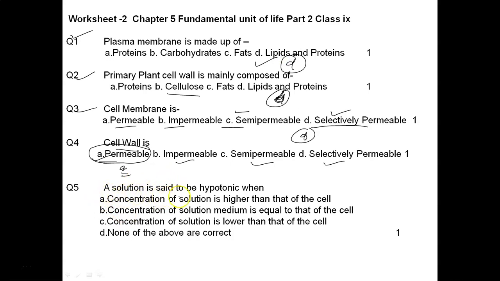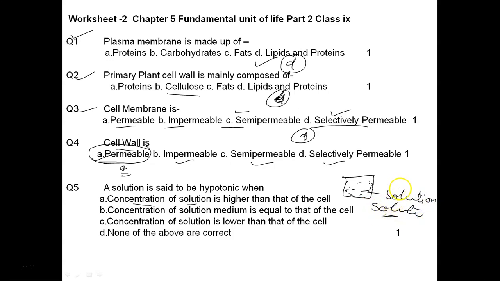A solution is said to be hypotonic when the concentration, meaning amount, of the solution is higher than that of the cell. Concentration of solution means the cell is there. When the solute is dissolved in that solvent, then the solution is formed. So solution means solute is added.